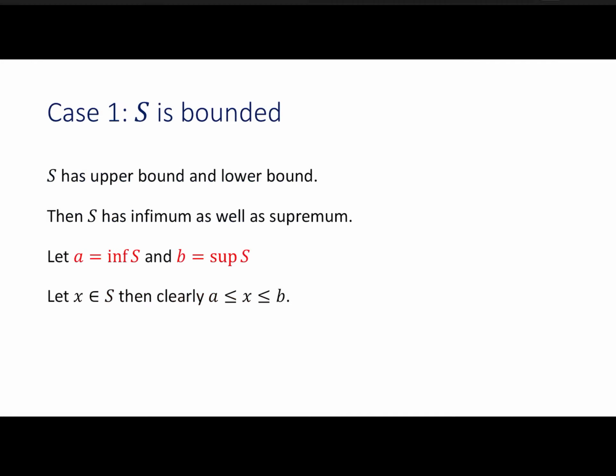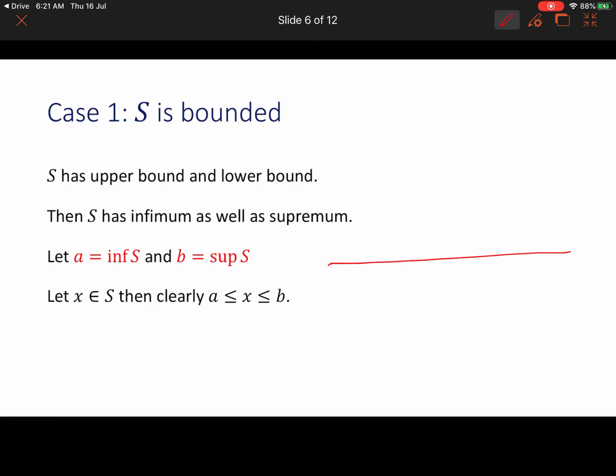Now, if X is in S, suppose this is A and this is B. S lies between A and B because A is a lower bound of S. Infimum means it is a lower bound and B is the supremum, means it is an upper bound.